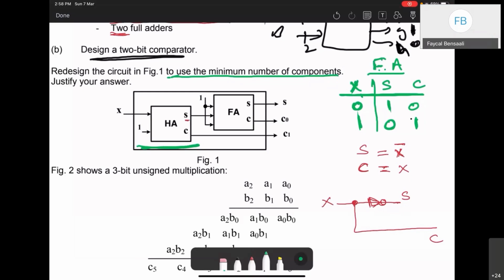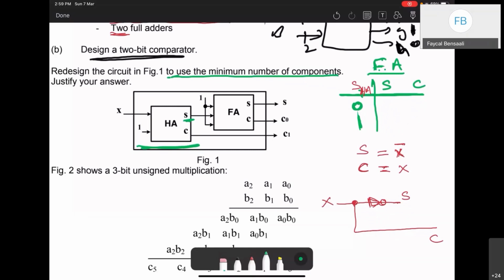It is the same here. So we have this S as an input, right? So I can just delete this and put S here. If I call it S coming from the half adder, SHA: if S is 0, what do we get? Sum is 0, carry is 1.